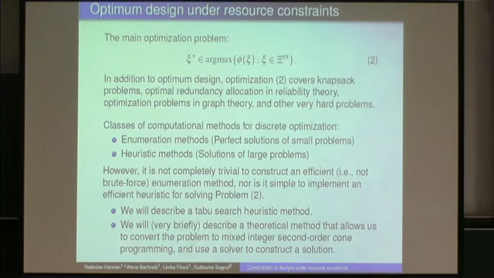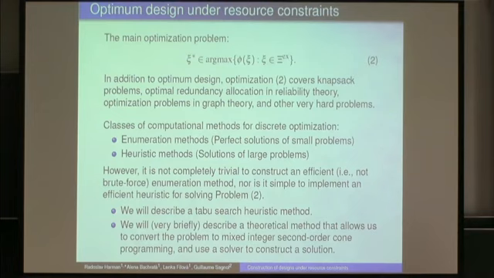So in general, the classes of computation methods are enumeration methods, where we can find the perfect solution, but usually only for small problems, and heuristic methods, where we obtain possibly non-optimal, suboptimal solutions of large problems. And it is not completely trivial to devise an efficient enumeration method.